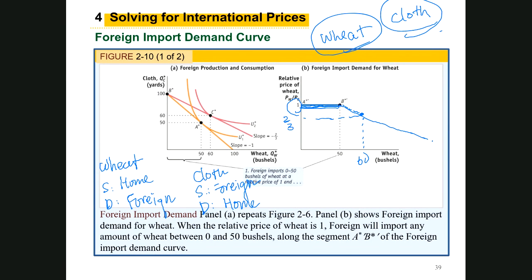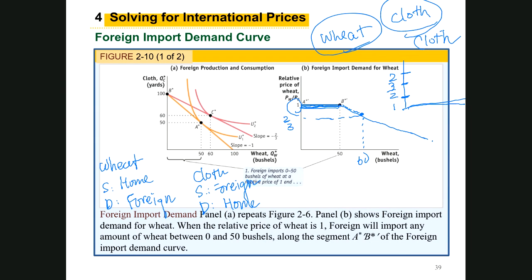If you think about that, the international market for clothes should look like what? What's the price vector here? Originally this is 2, this is 2/3, and this is 1, right?